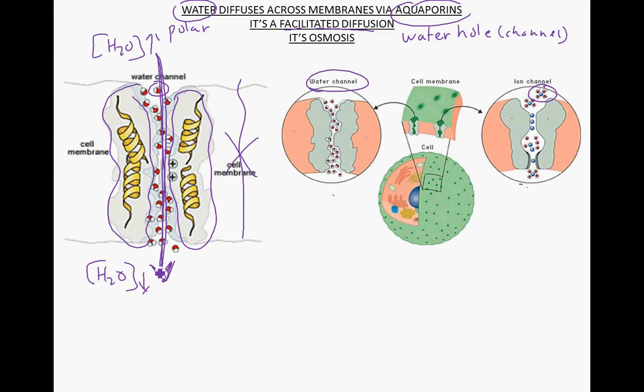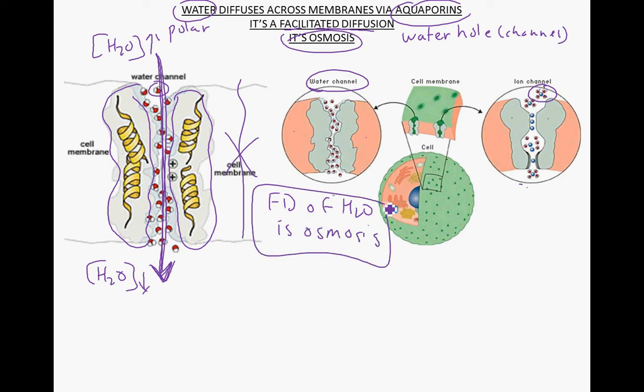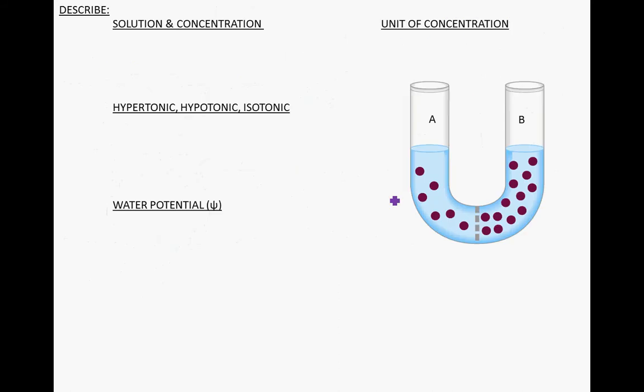This facilitated diffusion of water is called osmosis. So the facilitated diffusion of water molecules is called osmosis. This is a working definition of osmosis until we change it, which we're not going to.